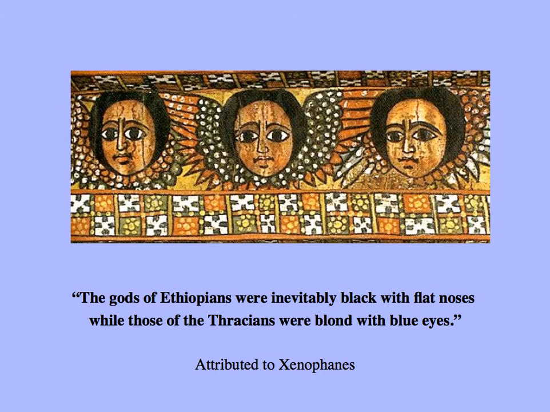But it's a universal phenomenon. We all do it. I think it's based in this idea of Gestalt figure formation, which is that, for example, when we even think about what gods look like, the gods of Ethiopians were inevitably black with flat noses, while those of the Thracians were blonde with blue eyes, right? So we project our own image of what God looks like onto that image of God.